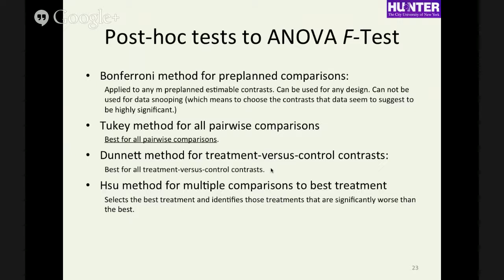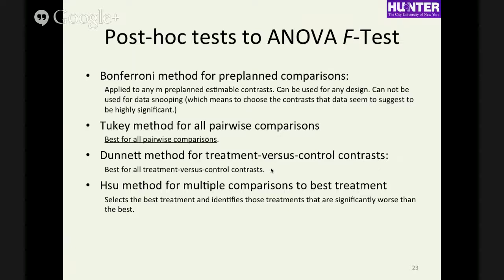Here are a few options that you'll have, and it really depends on what your study design is and what kind of tests you want to do. The Bonferroni method is a very generic method: as long as you plan some number of contrasts, either all of them or just some of them, you can use it to correct for multiple testing.